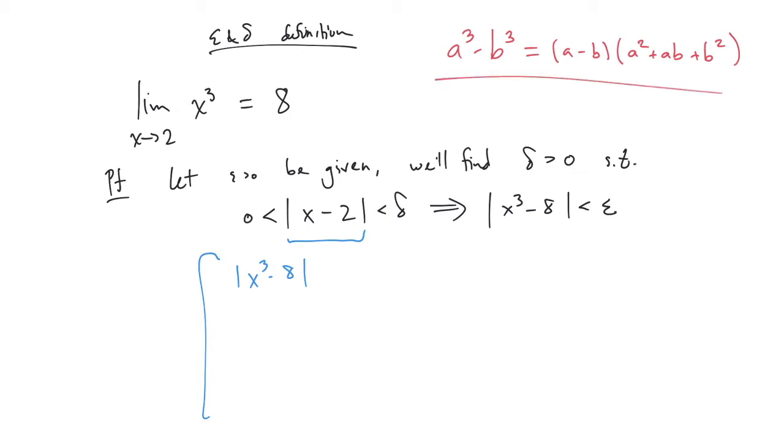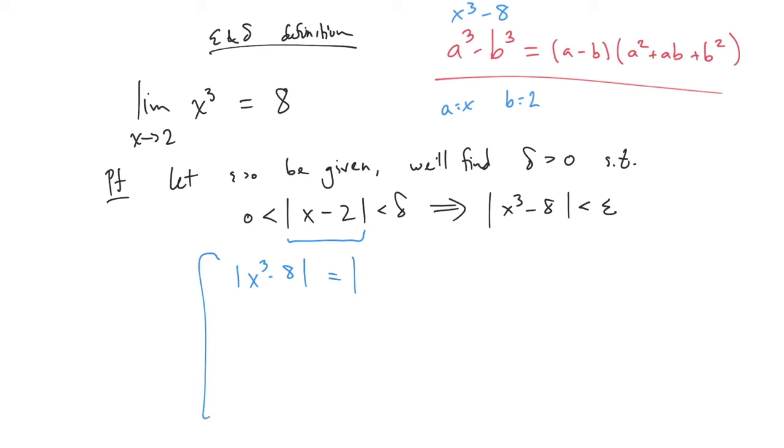Now that you know that, you can try to use that formula down here. In this example, the a will be x, because what I have is x cubed minus 8, right? So in my case, the a will be x, the b will be 2. And what do we get down here?